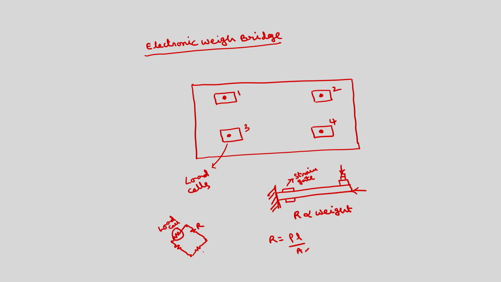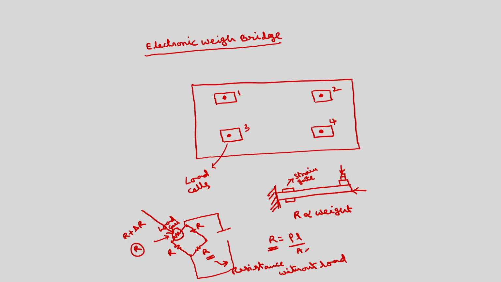I will set the other 3 arms to R. This resistance is equal to the resistance without load. This R is equal to the resistance without load. This also initially, without load application, is R. If I apply the load here, this becomes R plus delta R. When all are R, this bridge will be balanced if I connect these 2 points to some voltage.